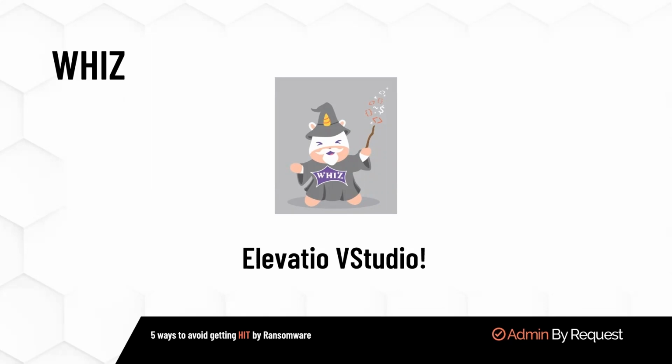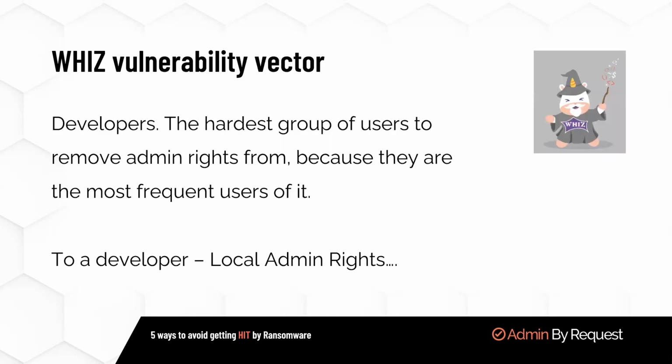And this personality is all about our friends, the developers. After a long, hard think, I had a real problem trying to get any short, jolly name for one, but Wiz was all I could come up with. So Wiz it was. So let's have a little look at the Wiz vulnerability vector.